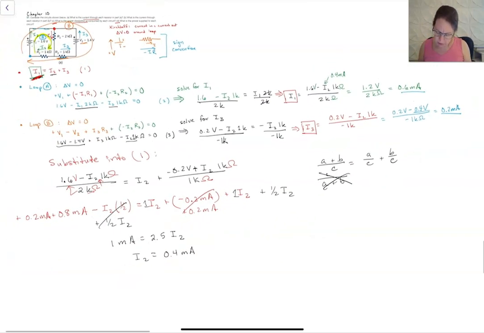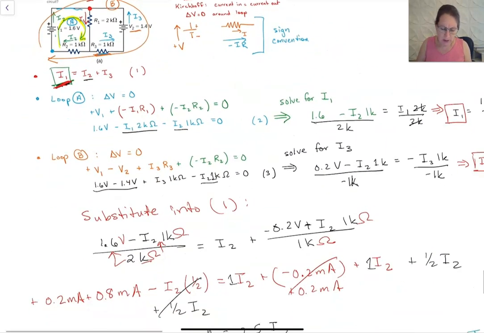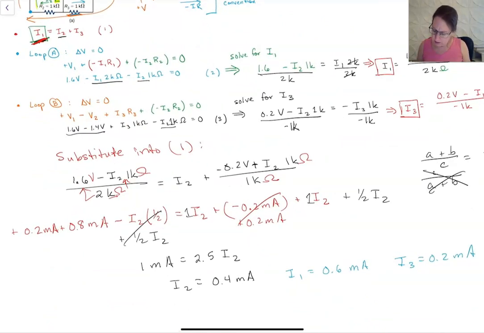So I2 is equal to 0.4 milliamps, I1 is 0.6 milliamps, and I3 is 0.2 milliamps, and we can check that I1 needs to equal the sum of the other two, so that works.